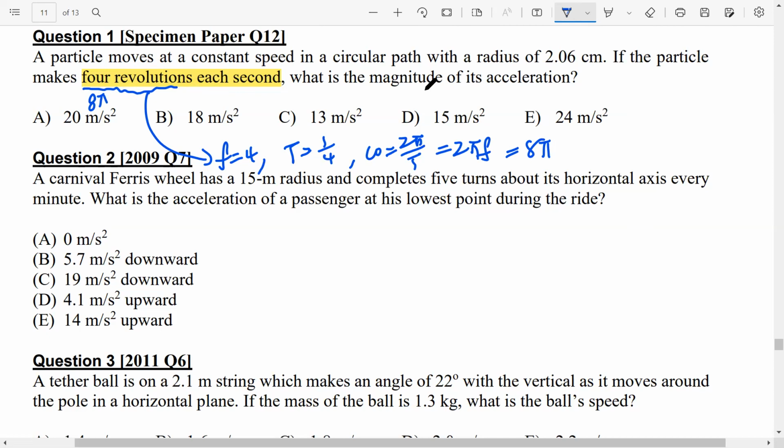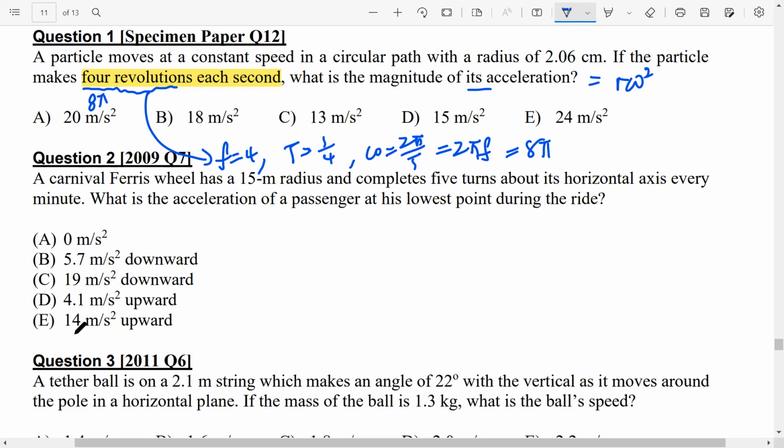So what is the magnitude of its acceleration? It's r omega squared, because in this case omega is given. So this one is just r omega squared. Pretty straightforward. Remember to convert to meters.